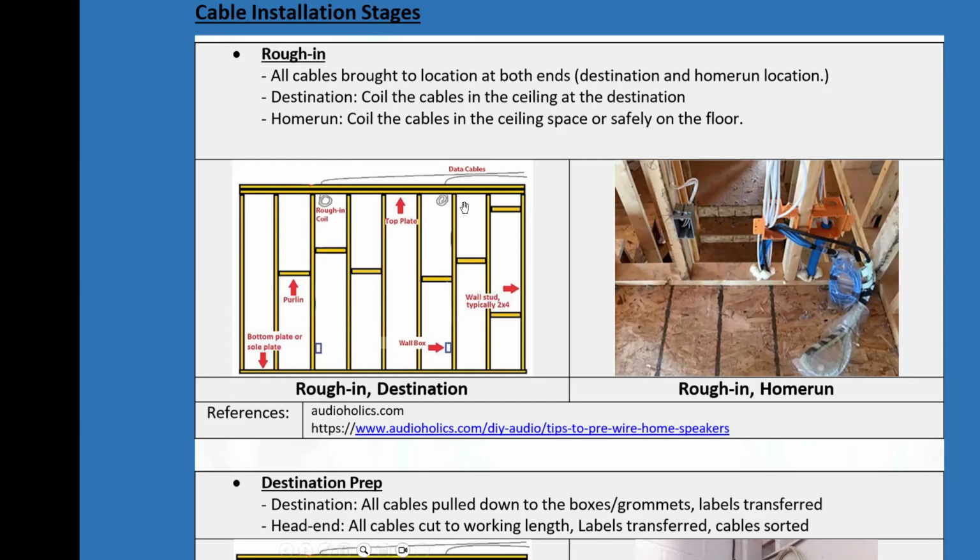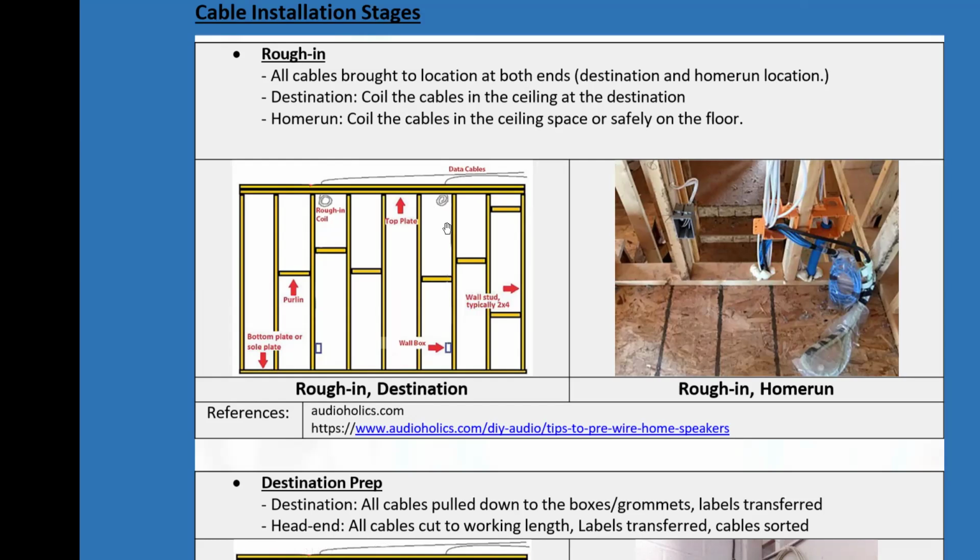Basically, at the rough-in stage, I'm talking about the cable installation, also popularly known as cable pulling. We just get the wires to the spot, but not installing them. We're bringing them to location.